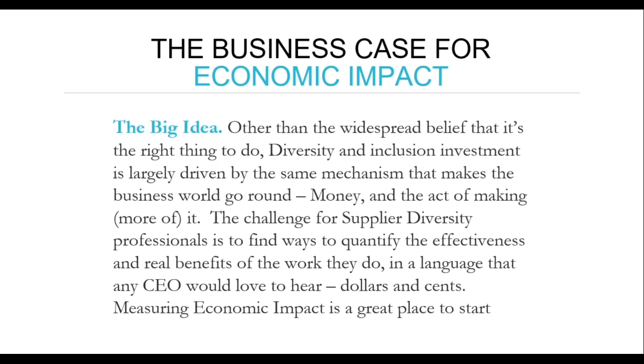So historically, the challenge for supplier diversity teams is how can I effectively translate that to an equation that makes sense to our leadership, our C-suite, and the communities in which we operate.